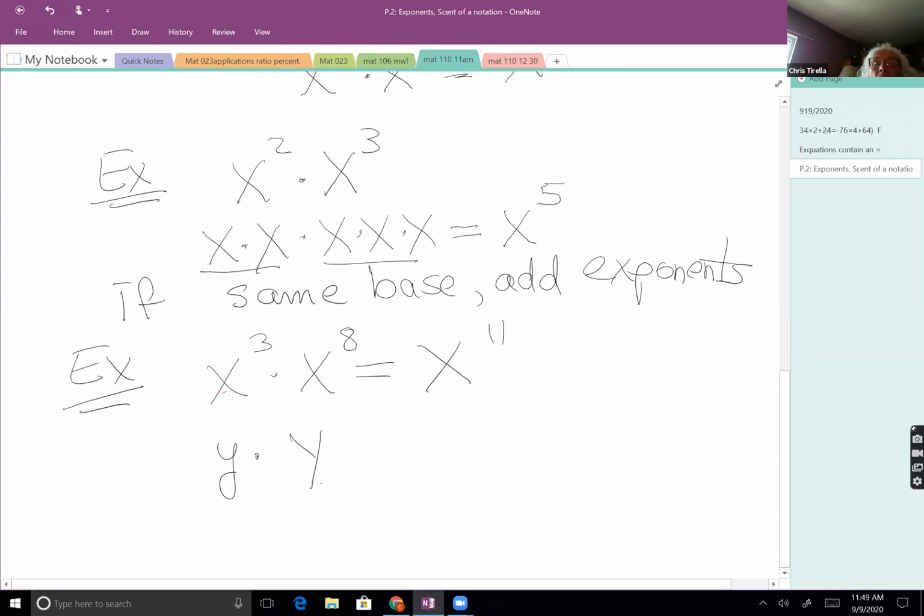I've got the same base, they're both y's. This one has an exponent of 5. If there's no exponent written, how many of them do I have? How many y's are written here? Total is 6, but what I'm looking for is, is everybody all right that if there isn't an exponent on the variable, there's an invisible 1? And so my final answer would be y to the 6th.